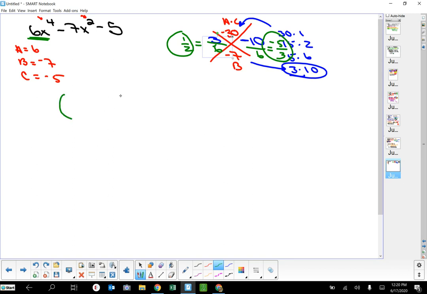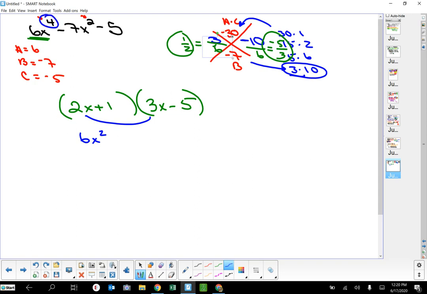And so now, normally, you would have 2x plus 1 and 3x minus 5. But if you check this and you multiply these, you only get 6x squared, right? And you need 6x to the fourth. So how are you going to make that happen? Well, these two variables simply have to have the exponent that matches the b term. That will happen every single time.